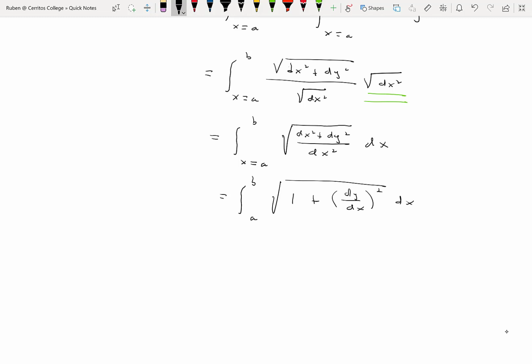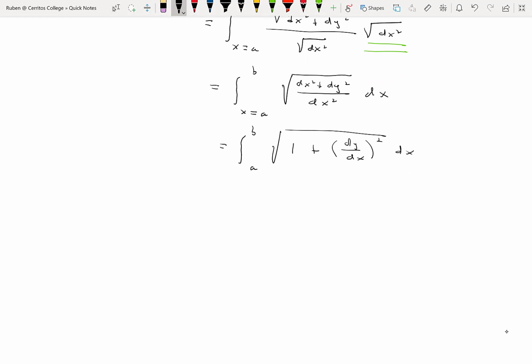We have all of these familiar quantities. dy dx is just f prime of x. So you can think about this in terms of a final formula as the one we have there, or we can write it as the integral of the square root of 1 plus y prime, or f prime of x, squared dx. And that's one of two formulas we have for arc length.